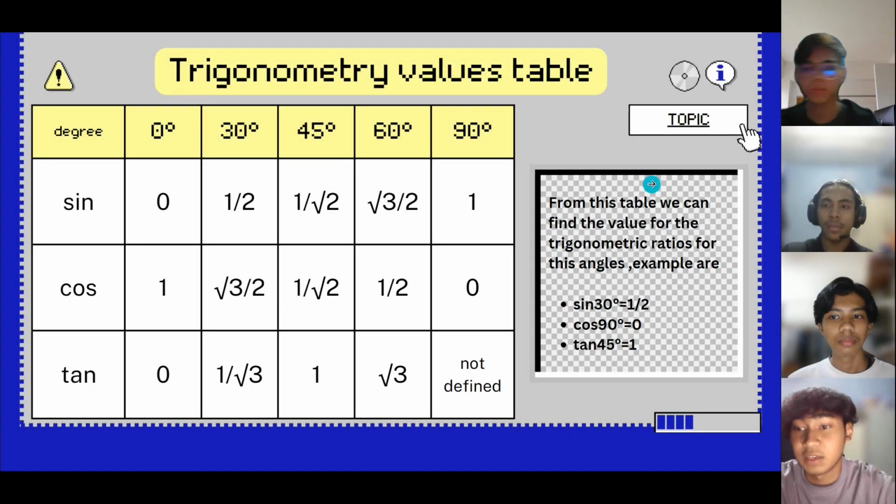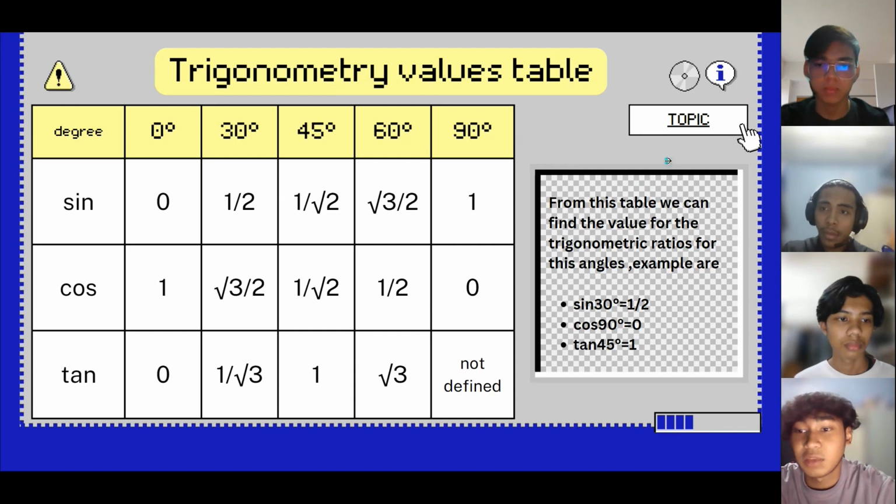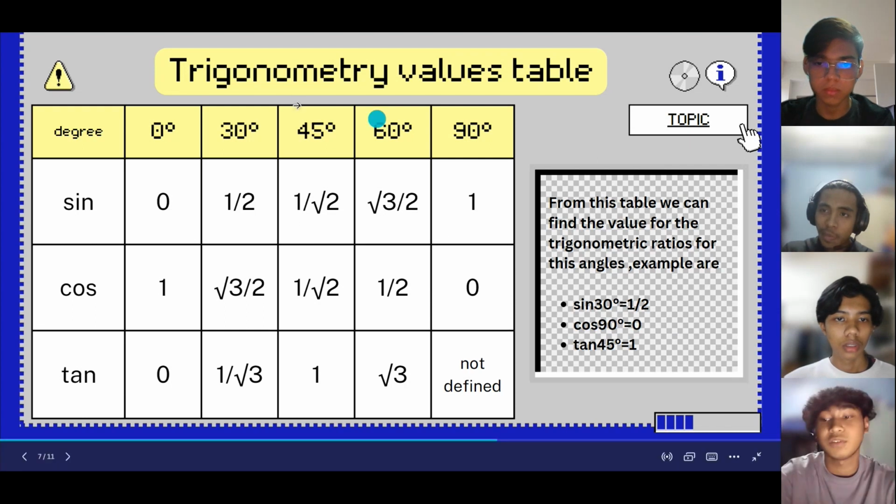Trigonometry values table. The trigonometric table is made up of trigonometric ratios that are interrelated to each other: sine, cosine, tangent. These main ratios, in short written as sin, cos, tan, are taken for standard angle values. You can refer to the trigonometric table chart to know more about these ratios.